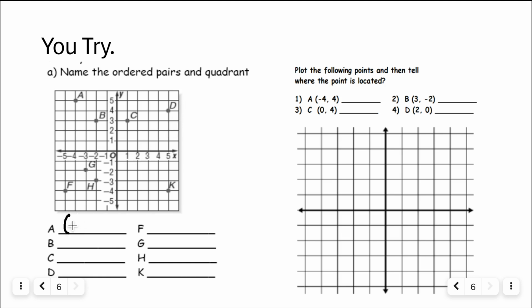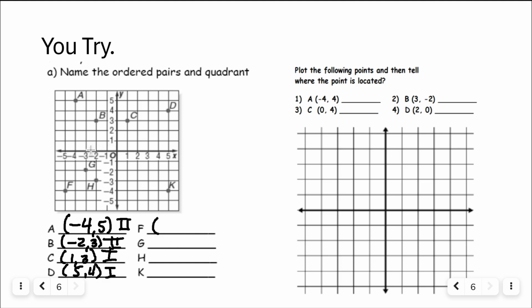So letter A is -4, 5 in quadrant 2. Letter B is -2, 3 in quadrant 2. Letter C is 1, 3 in quadrant 1. Letter D is 5, 4 in quadrant 1.